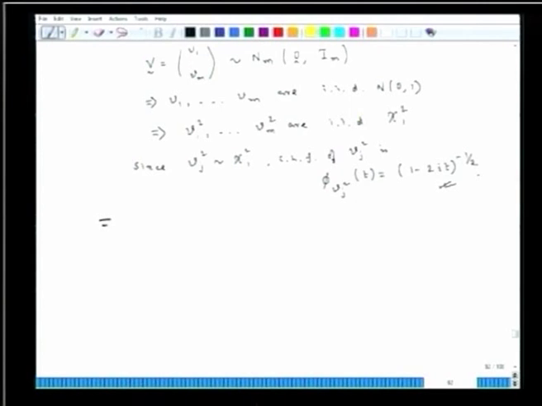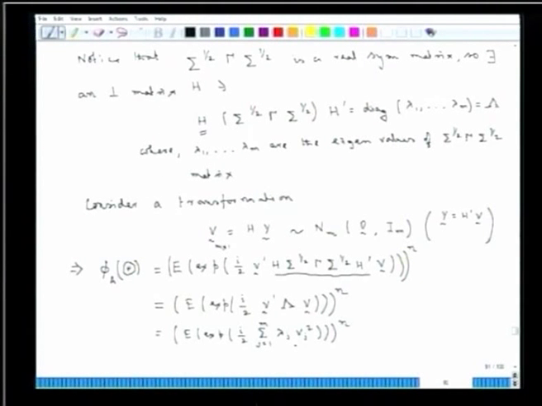So this would imply that the characteristic function of the Wishart distribution, which we had expressed in terms of that expectation, would now take the form of the product over j equal to 1 up to m of 1 minus 2 I t. This t here, looking at the form of the expression, is served by lambda j by 2.